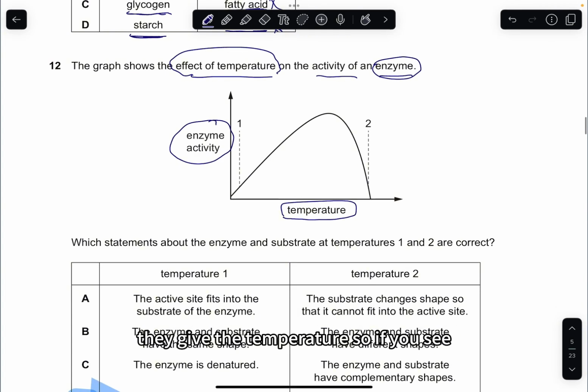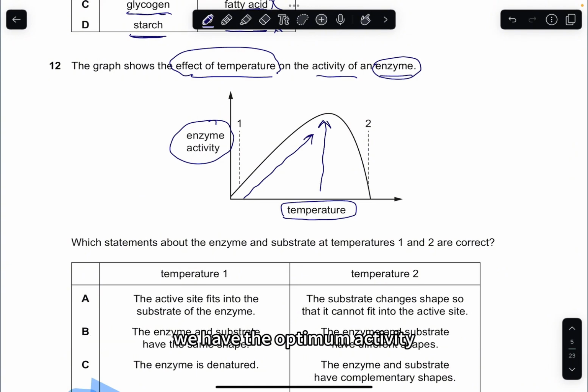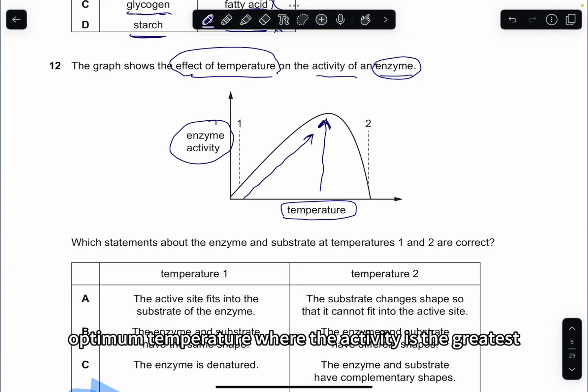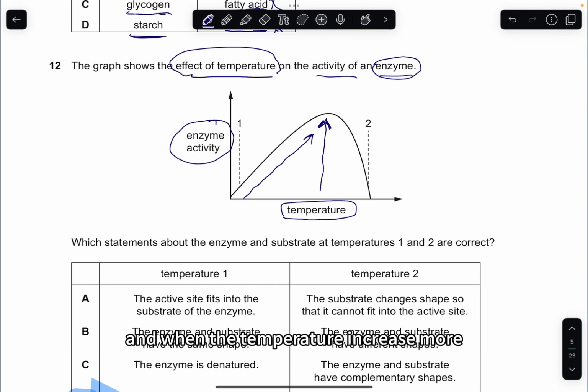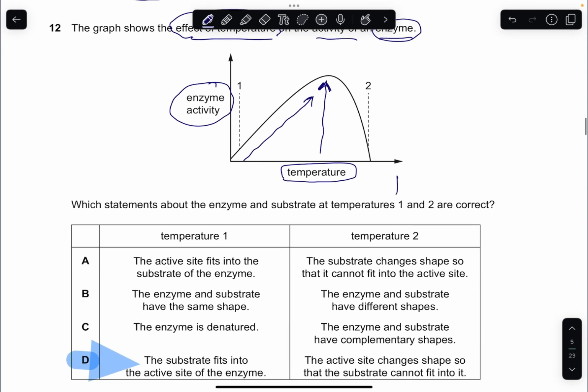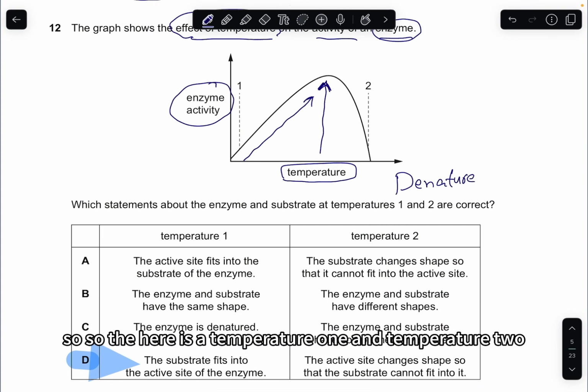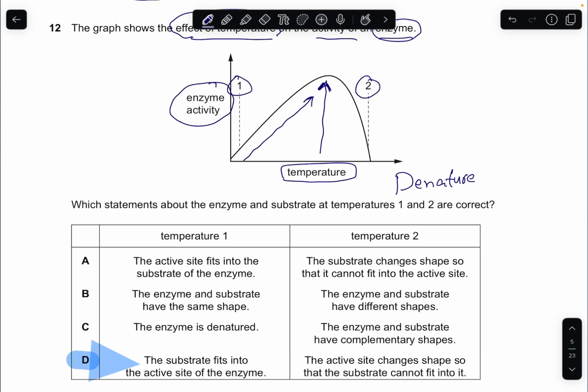If you see, the activity increases as the temperature increases, and here we have the optimum temperature where the activity is the greatest. When the temperature increases more, the activity decreases, because the enzyme becomes denatured. So they become denatured when the temperature is very high. So here is temperature 1 and temperature 2.